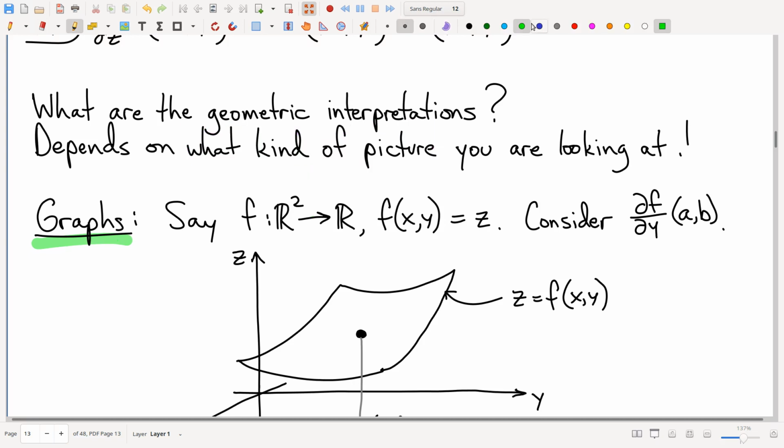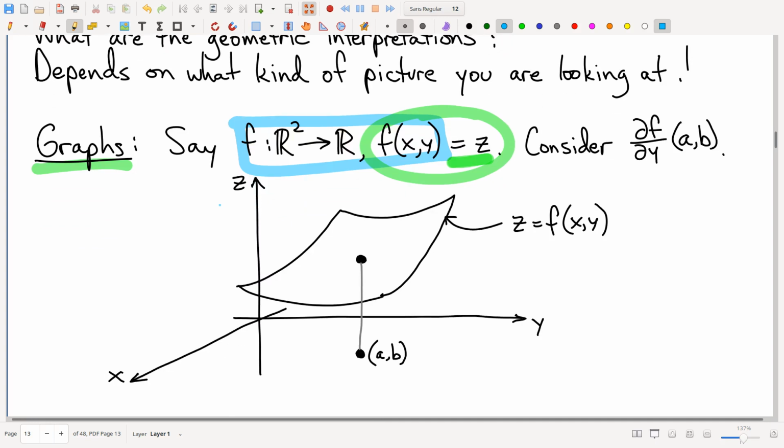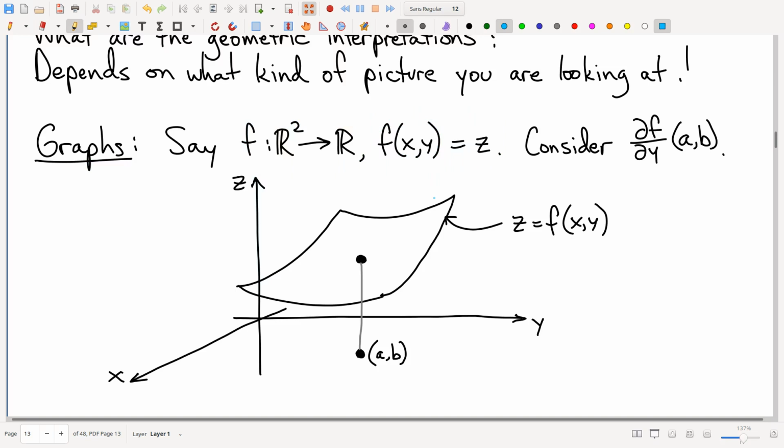Okay, so graph. Here you go, graph, right? We're taking the values of a function and setting them equal to a new variable. Here's our function, by the way: 2 input variables, 1 output variable. And whatever the output is, we're going to call that output Z to form the graph. Now, do keep in mind that, having 2 input variables, the domain being R2, x and y are variables.